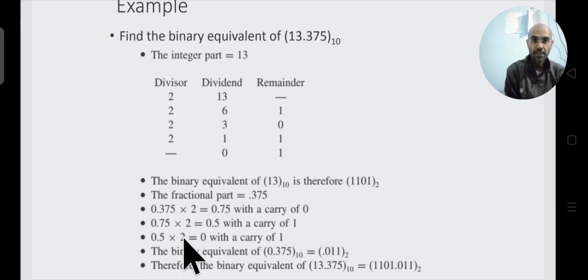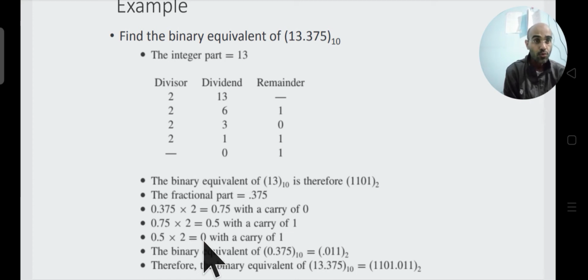Now, after multiplying 2 with 0.5, what we get is 1.0. So 1, which is the integral part, should be written separately, whereas the fractional part is now 0, so it should be noted down here.